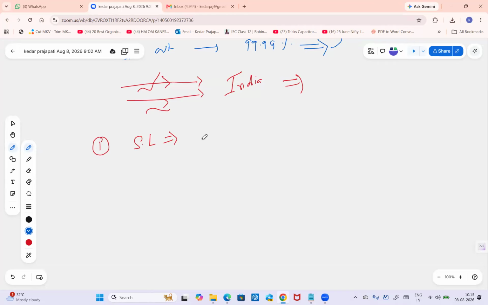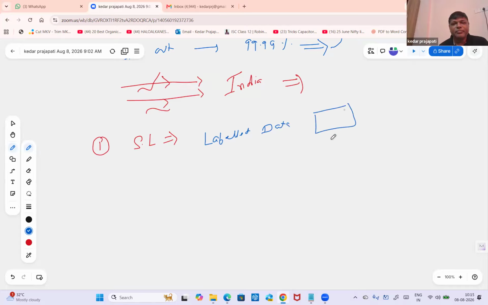Labeled data, yes. This is very important. We understand that data should be labeled. Labeled data means every data will have a name.